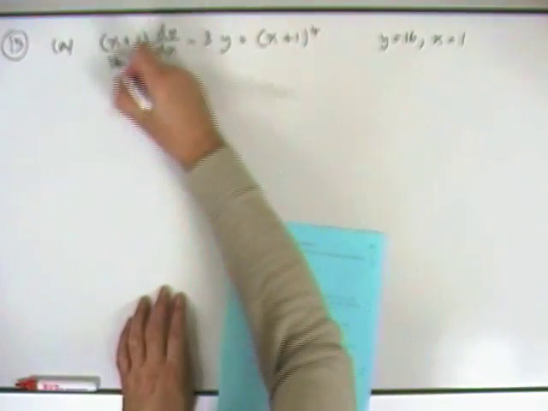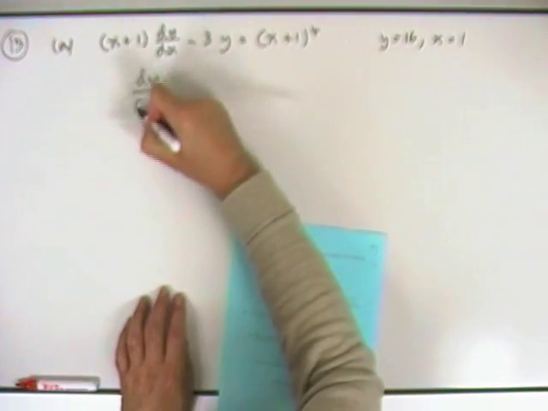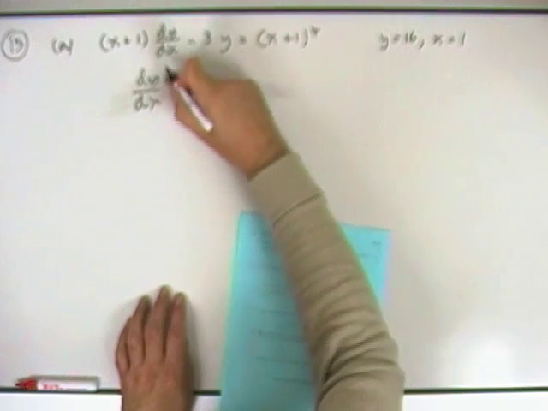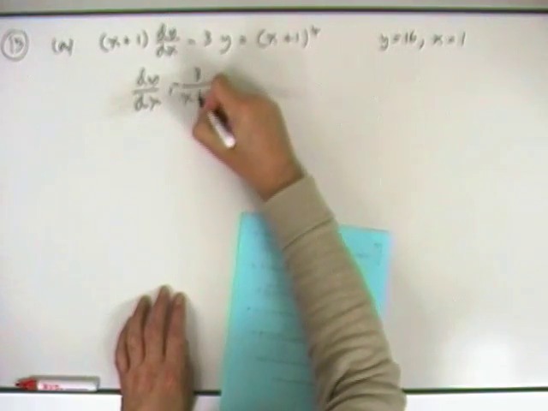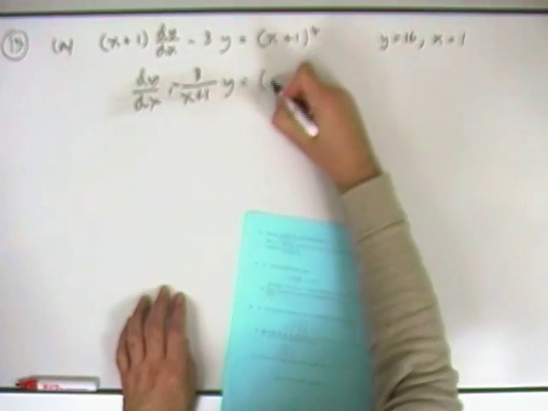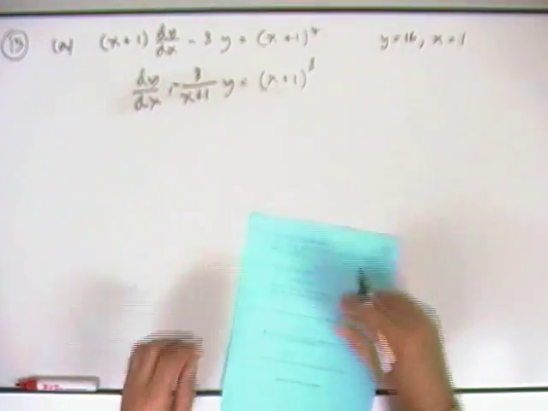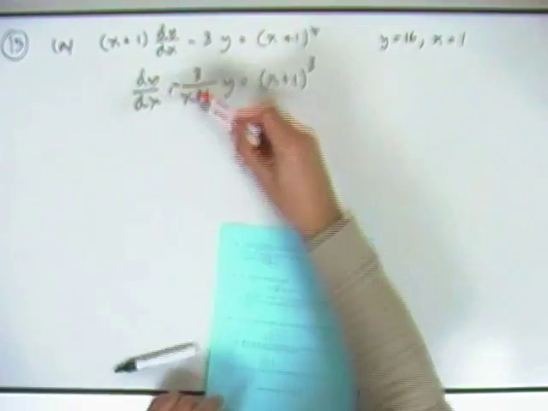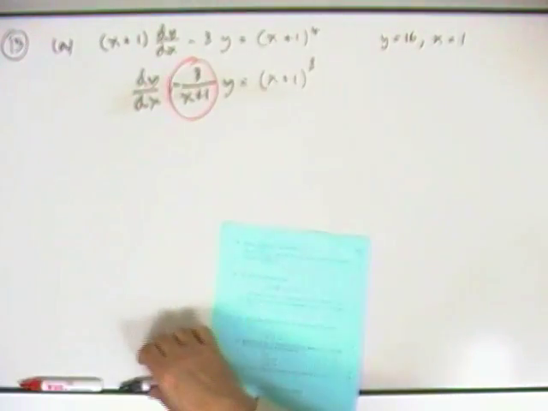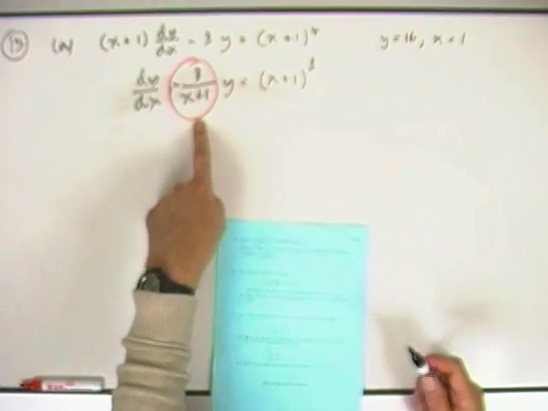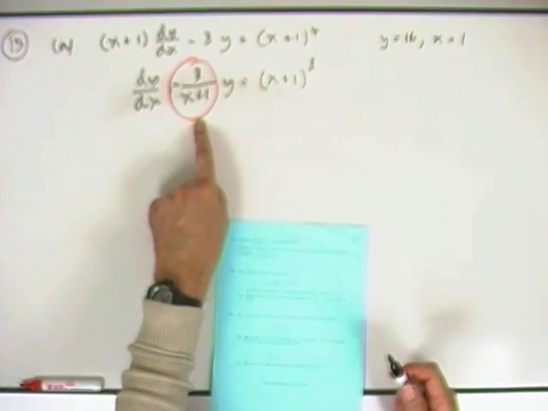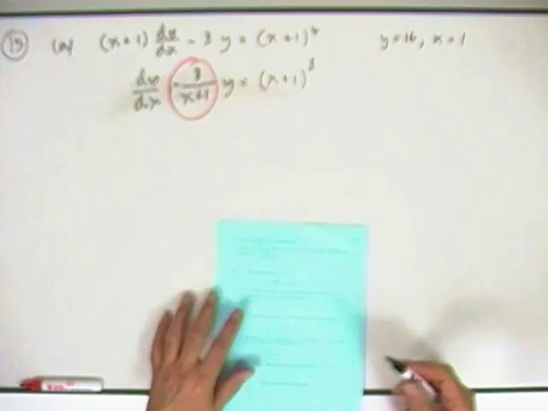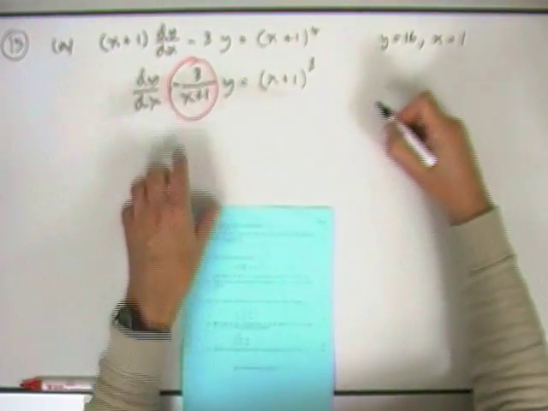The method of doing that is to get it into that form and find out what this function here is. So divide out by x plus 1. So dy by dx, minus 3 over x plus 1 y equals, dividing by x plus 1 knocks that down to 3. And then you can clearly see that's the part you're going to work on. I want this to somehow amend into the derivative of whatever the original function is. And the way you do that is you integrate this part.